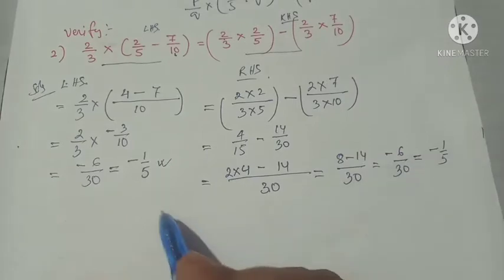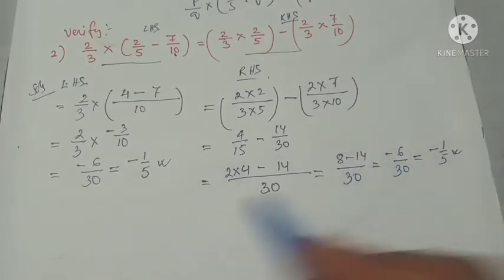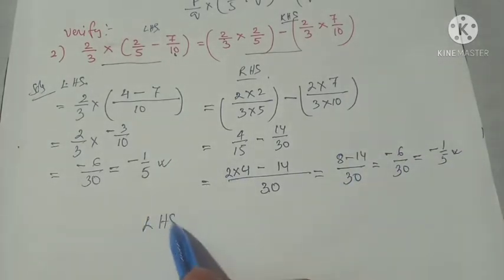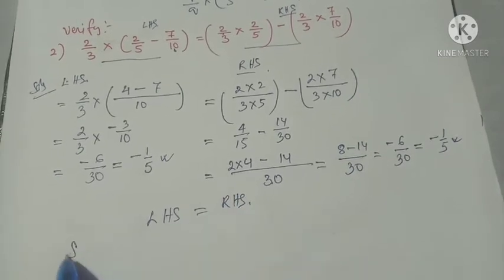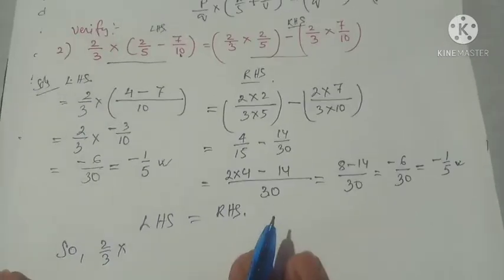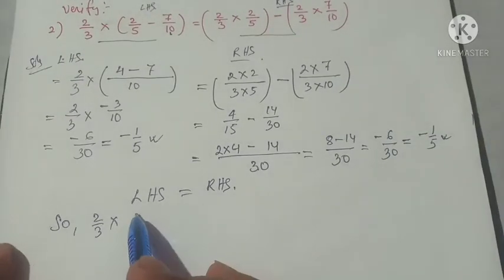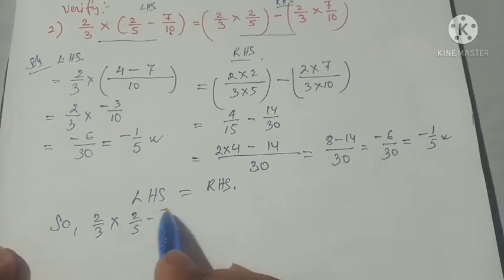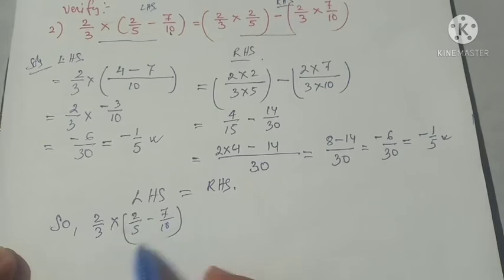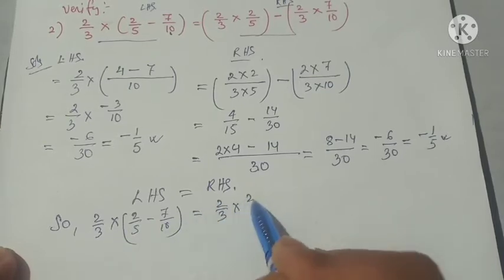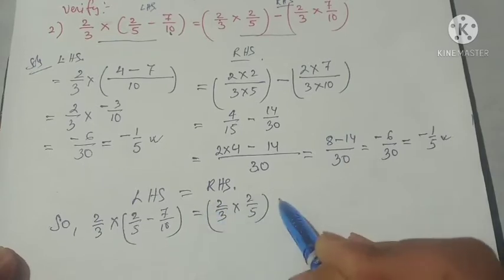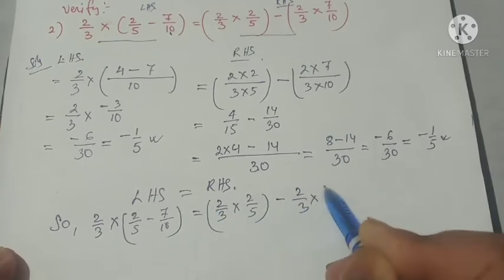This one is the right hand side. The left hand side is equal to the right hand side, so we have proved that. So 2 by 3 into (2 by 5 minus 7 by 10) is equal to 2 by 3 into 2 by 5 minus 2 by 3 into 7 by 10.